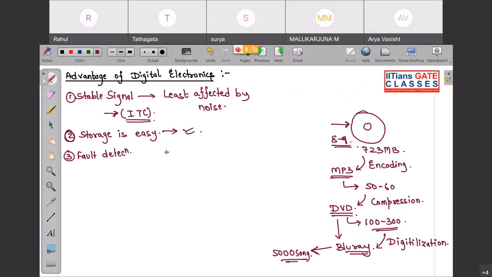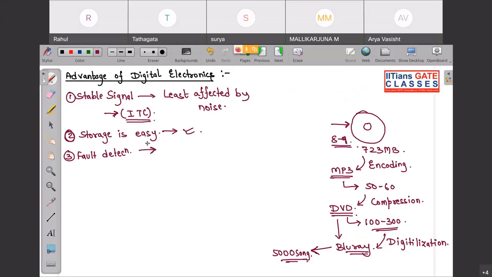Now the next important point is fault detection. When I am speaking, the signal is obviously corrupted by some kind of noise, but by the time it reaches your end there is fault detection.